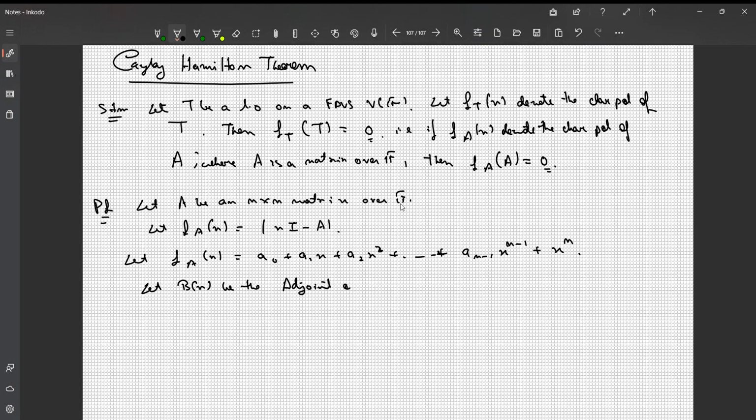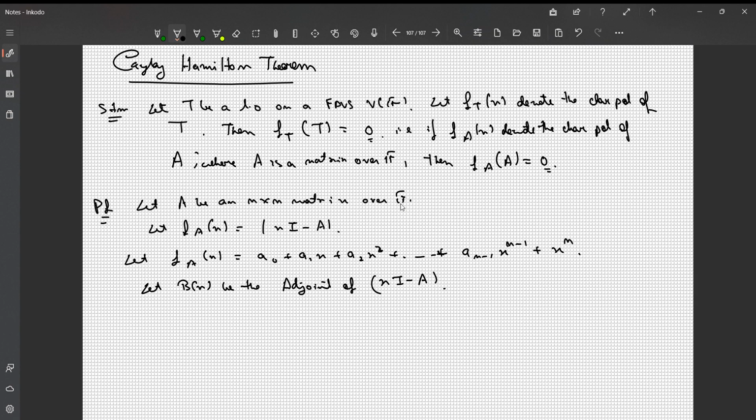So it's classical matrix theory, right? It's the adjoint of the matrix xI minus A. Now obviously we form the adjoint matrix by calculating the cofactors of each element, and the cofactors come up to be polynomials of degree less than n.